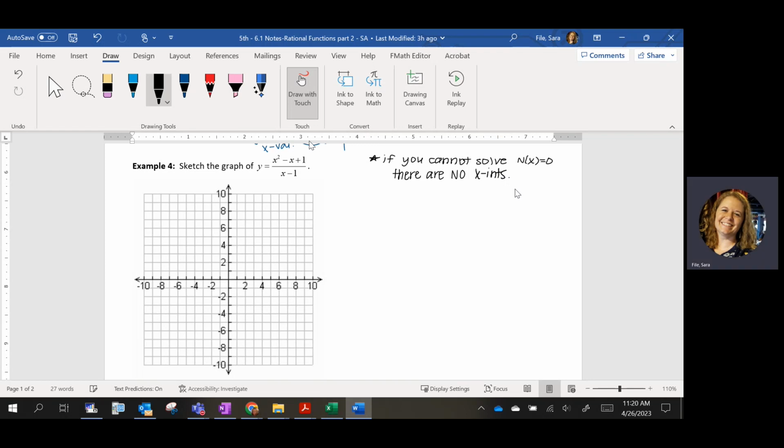That's all it means. It means that graph doesn't cross the x-axis. Okay? So far, so good? All right, so let's make an edit though so that we can do this. So let's make this a 2 instead of an understood 1.